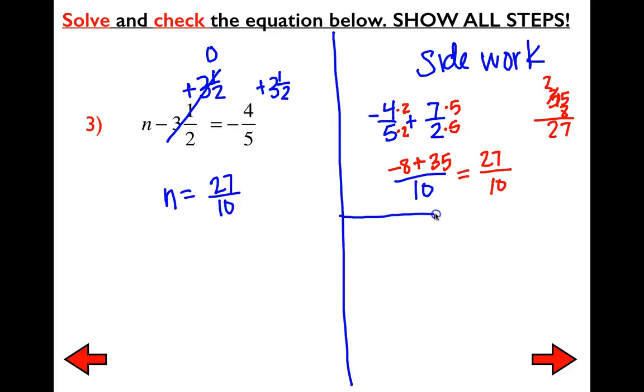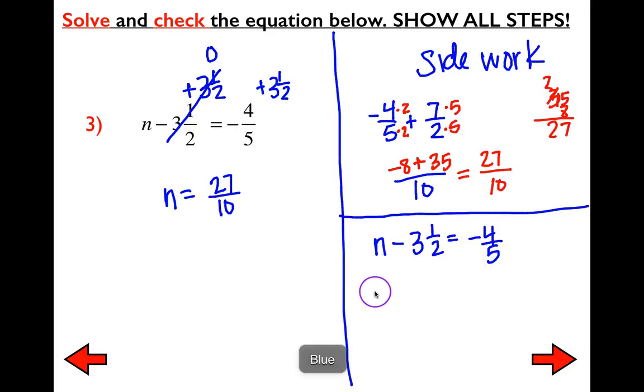But again, part of the instructions is to check your work. So what I'm going to do here is go ahead and write down the equation real quick. And then instead of putting an n, I'm going to go ahead and substitute my value, which was 27 tenths minus 3.5 equals -4/5.